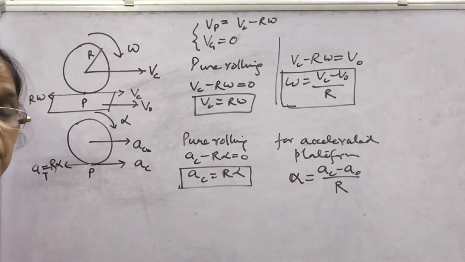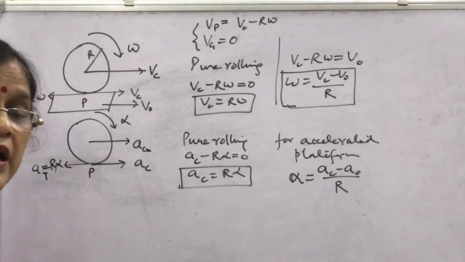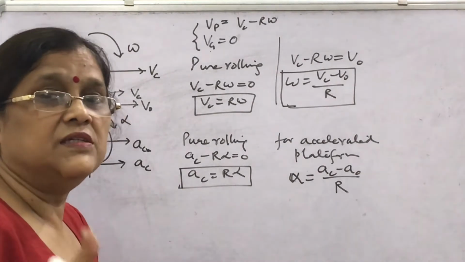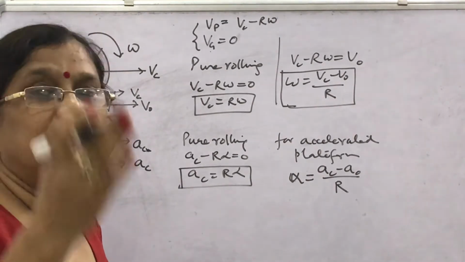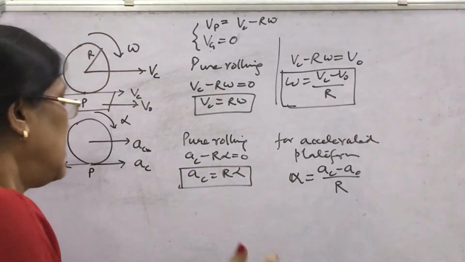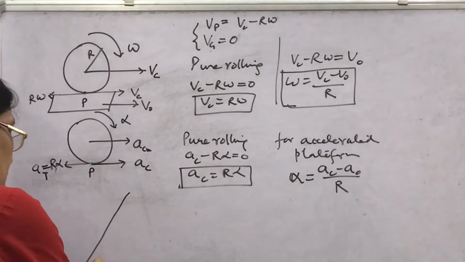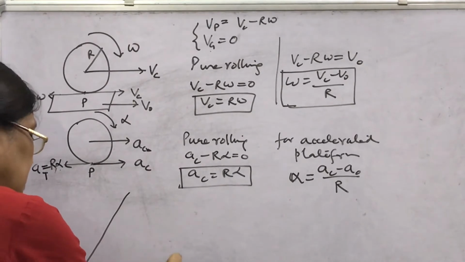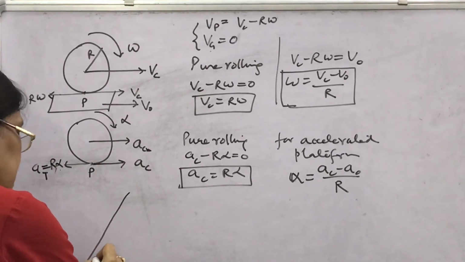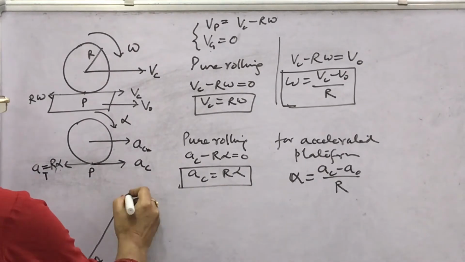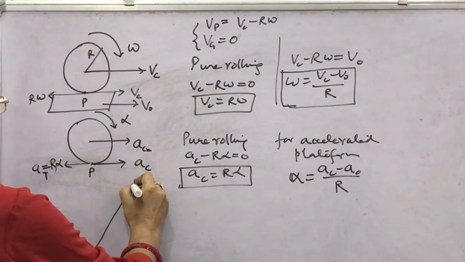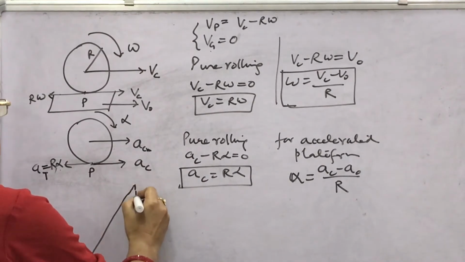What will happen today? We are going to discuss the rolling on an inclined plane. If this is the inclined plane having angle of inclination theta, which can give sufficient friction, which we will see later on.